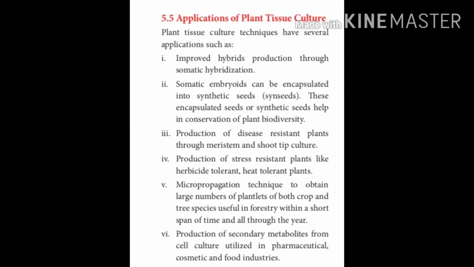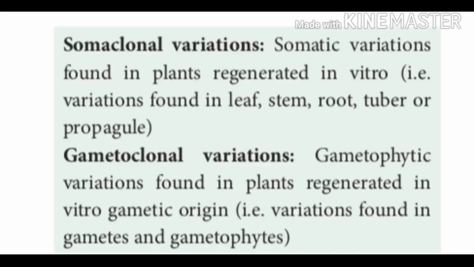The 2 types of variations are somaclonal variation and gametoclonal variation. Somatic variation is found in plants, generated in vitro, variations found in leaf, stem, root, tubers or propagule.